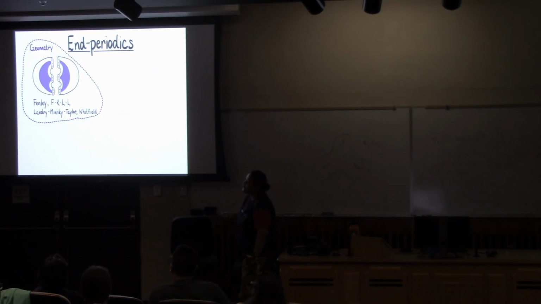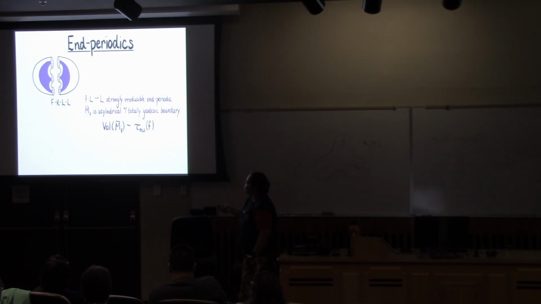But first, I do want to plug some of my own work. In particular, I want to clarify that this FKLL is actually two different pairs of collaborators. So we showed that if you have a strongly irreducible n-periodic homeomorphism, then the compactified mapping torus is acylindrical with totally geodesic boundaries.